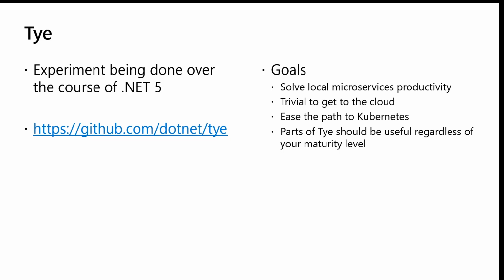Do you have anything else you wanted to say about what Tye was, Ryan? I think you said it all. Experiment for me means trying risky ideas, ideas that we have a hunch might fail, because we can learn something. And I think there's a bidirectional learning that happens. We're learning from .NET users what kinds of things they're doing today that they're really happy with, and what kinds of things are painful, and we should try to take the pain away.